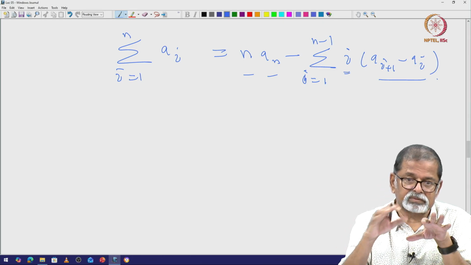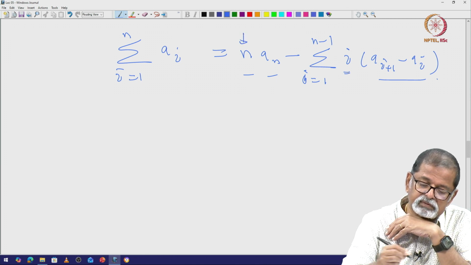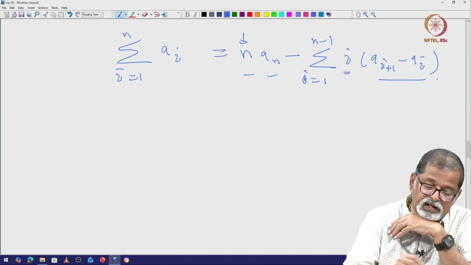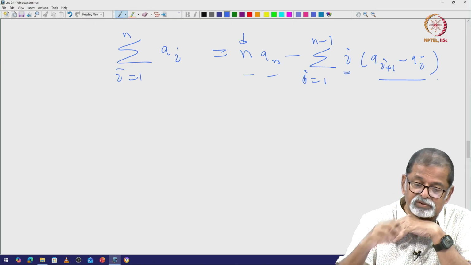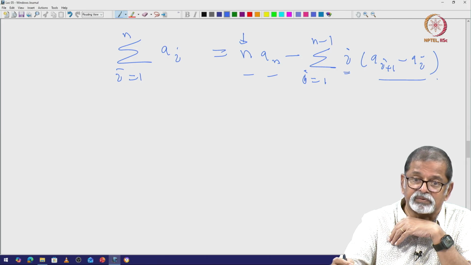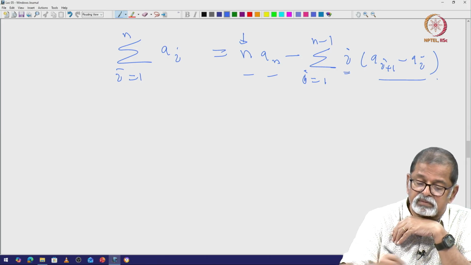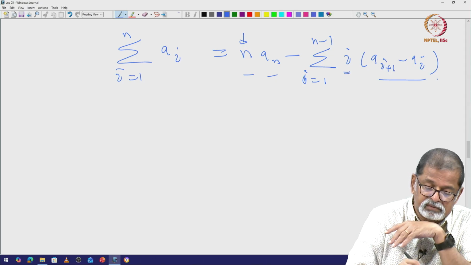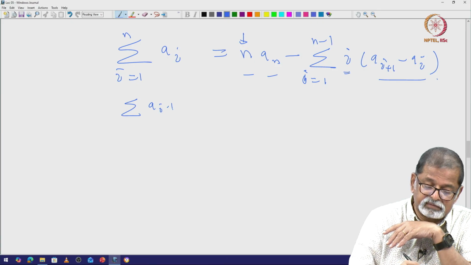So, you see, this is one function, this is another function. Okay. So, this is the difference between that, and here this is basically sigma a times 1, i equal to 1 to n.